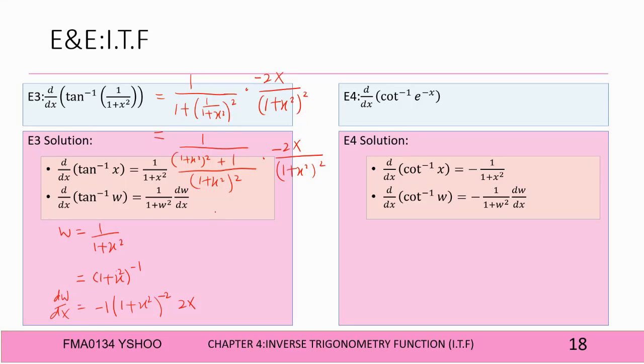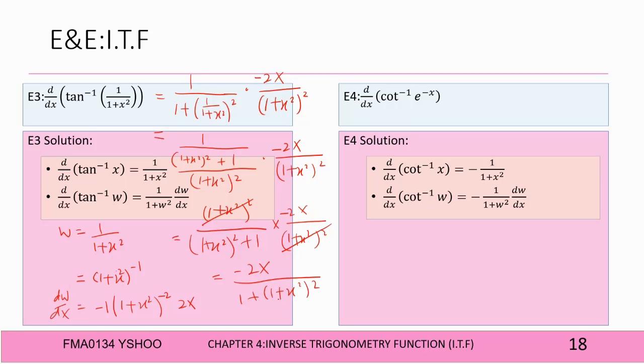This one will flip to up. So you're going to have 1 plus x squared over 1 plus x squared plus 1, multiplied by -2x over 1 plus x squared. This can simplify. So your final answer is -2x over 1 plus x squared plus 1. If you want to expand it also can. If you don't want, just leave it as it is.